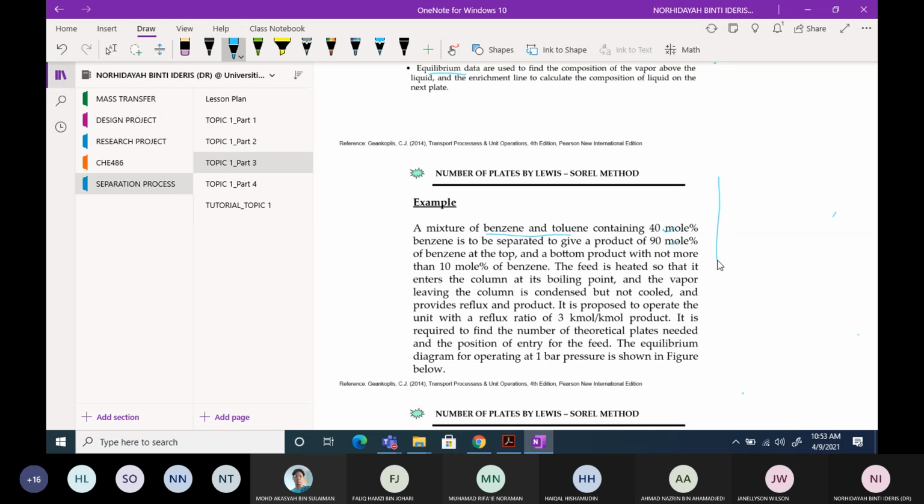So I think you need to plot a new graph because I think your previous graph will be a mess. Okay, so just plot y versus x, a new graph. I want you to have a new graph paper for this method. Okay, now plot a 45-degree line and also a new equilibrium line for benzene and toluene. Make a new one, don't use the previous one.